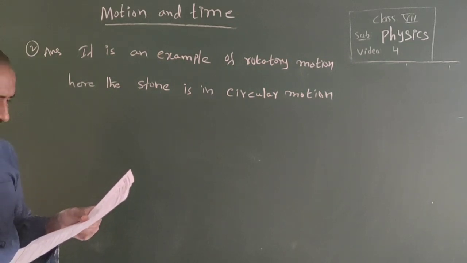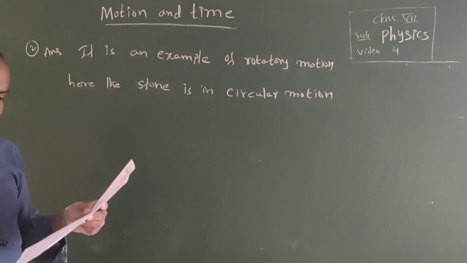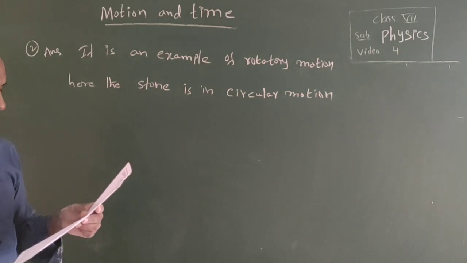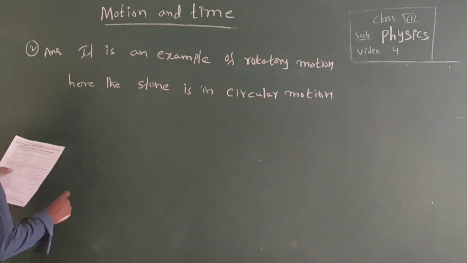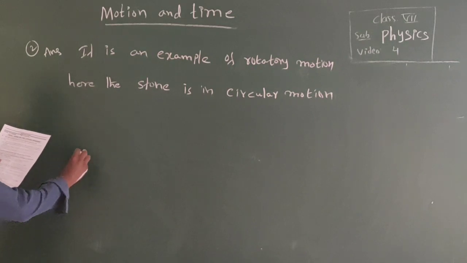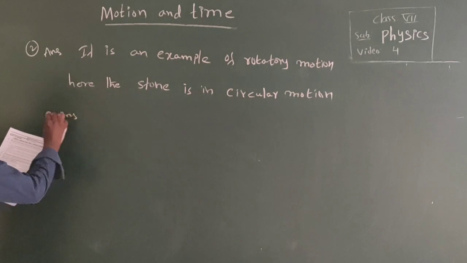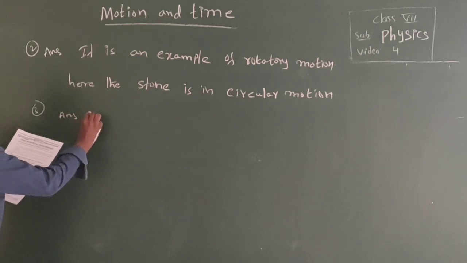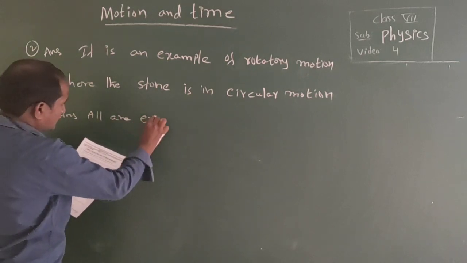Okay, all are examples of translatory motion, correct? All are examples of oscillating motion, correct? All are examples of periodic motion, yes, all correct. Okay, all examples are correct only. Answer is third one: all are examples of periodic motion.